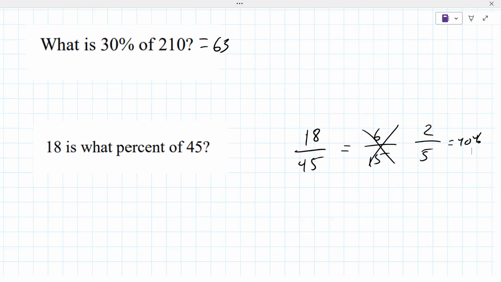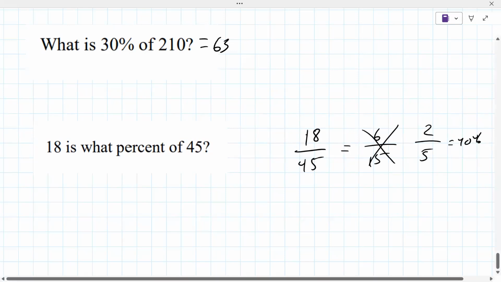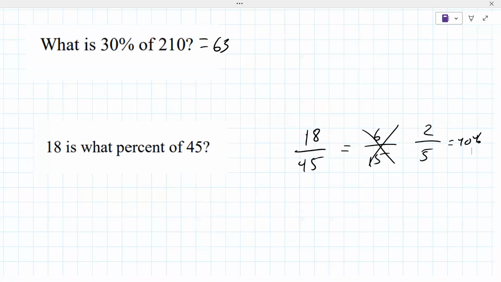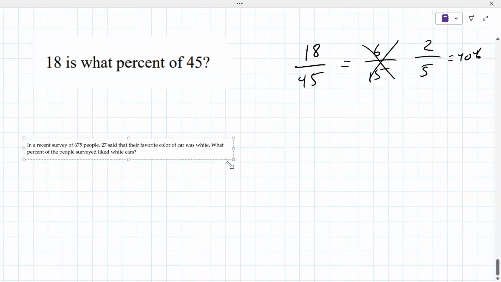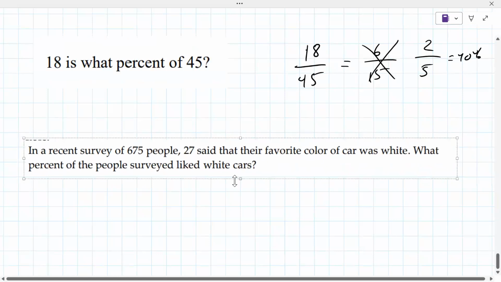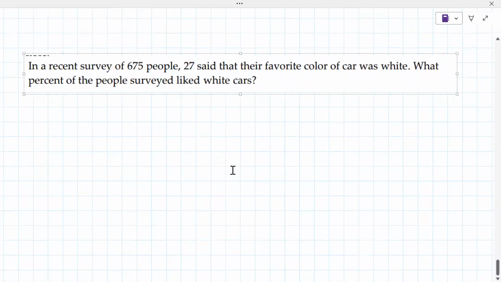Okay, let's say you got that down. Let's do a couple of word problems here. In a recent survey of 675 people, 27 said that their favorite color of car was white.